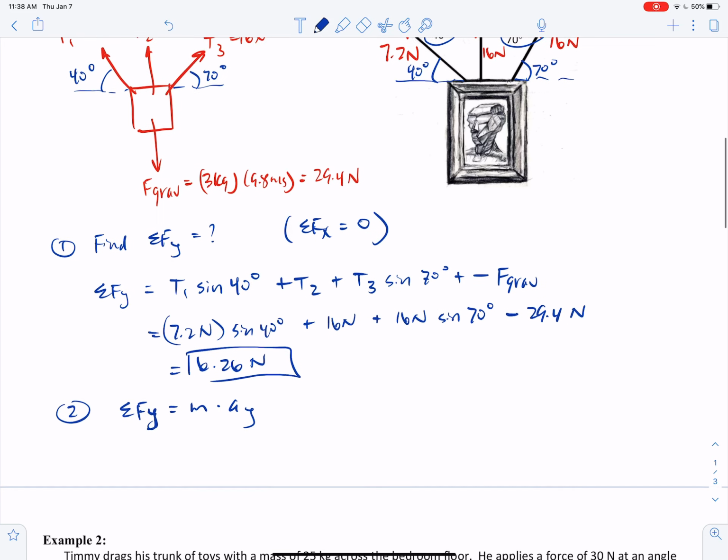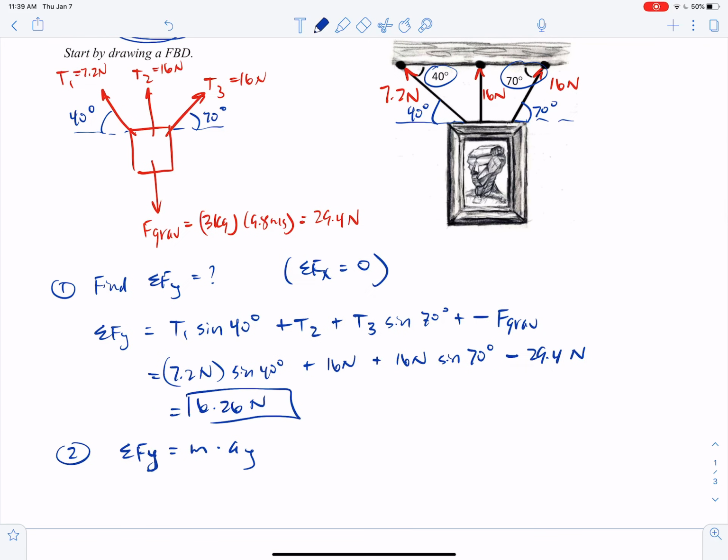Okay? So here we go. Sum of the forces in the y direction is 6.26 newtons. The mass is 3 kilograms. And then the vertical acceleration is the only unknown. So solving for that vertical acceleration, it's going to be 2.09 meters per second squared.